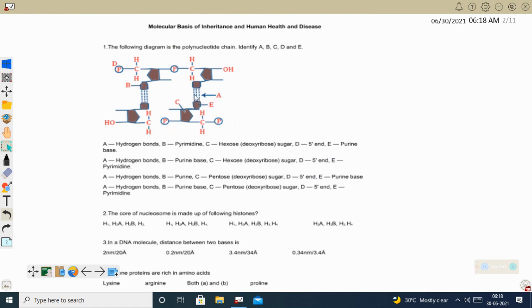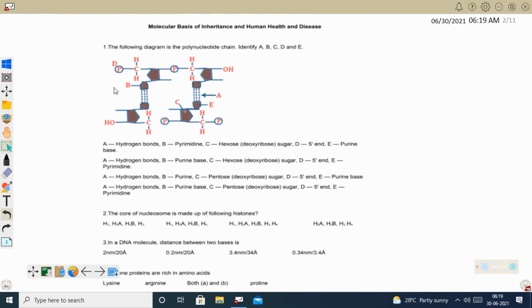Here A is the hydrogen bonds present between the two nitrogen bases, and B is either a purine or pyrimidine base, and C is deoxyribose sugar, and D is the phosphoric acid or phosphate or 5' end of the DNA strand, and E is another nitrogen base.